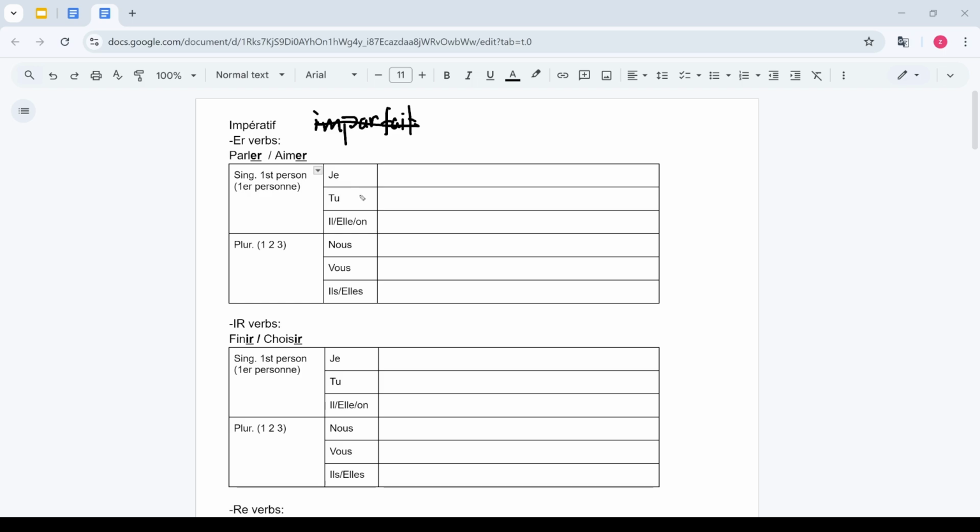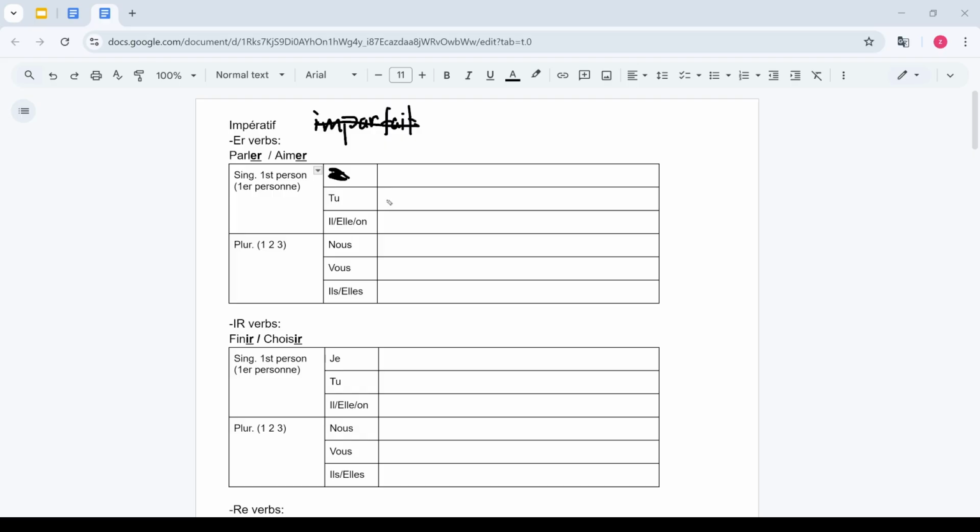The additional step is, if you think about it, when we're trying to give an order to either someone else or a group of other people, we can't give an order to ourselves. We just can't do it. Like if we tell ourselves, go do your homework, then it's like we're talking to another person. So we're actually saying you go do the homework to ourselves. So we cannot use impératif, we cannot give an order to ourselves.